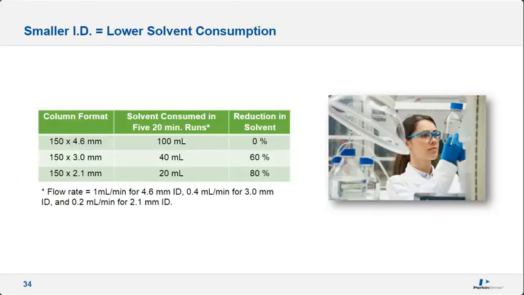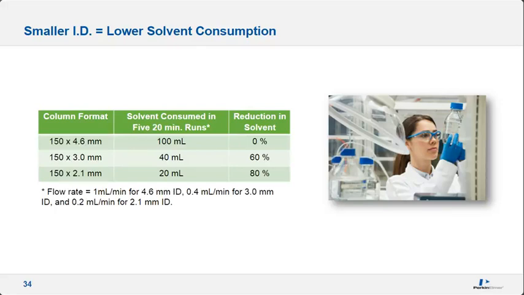Smaller ID equals a lower solvent consumption. In the column format of 4.6 millimeter, the solvent consumed in 5 20-minute runs is 100 mL.